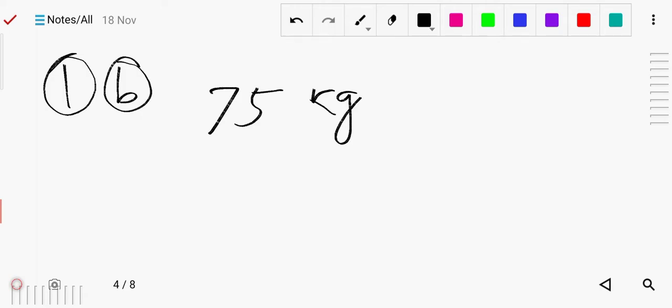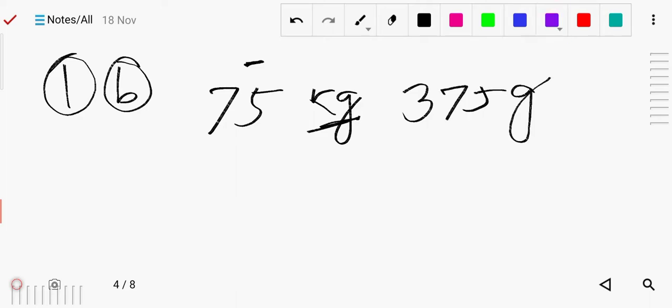You can write this kg upside also, as it is given in your example. Now 375 gram, okay? And we have to add the next number.